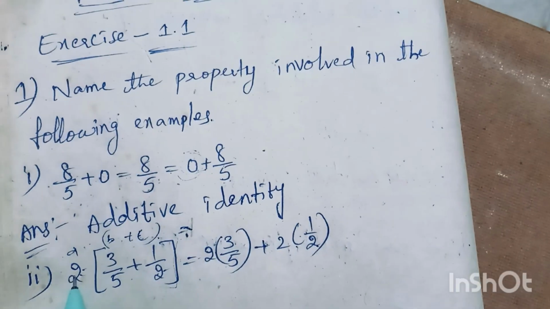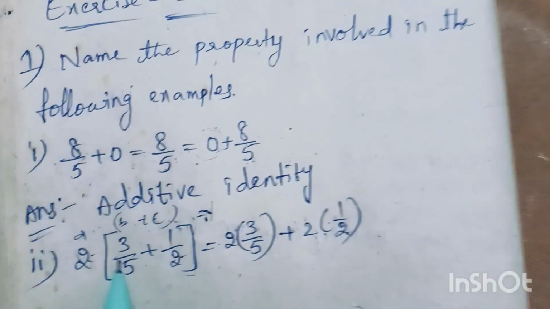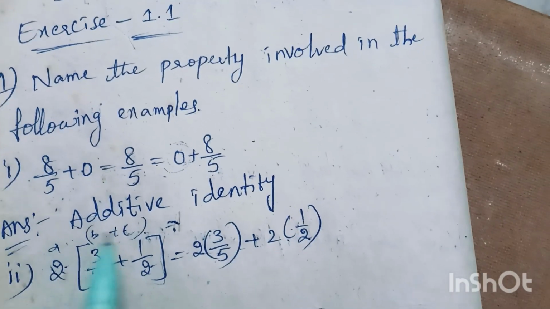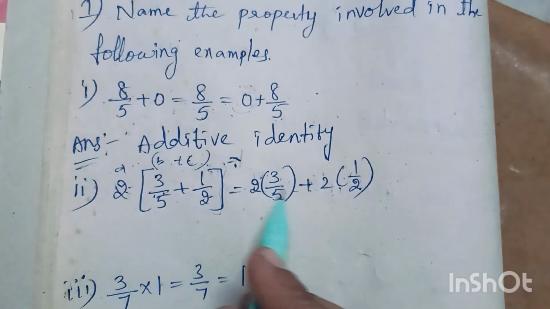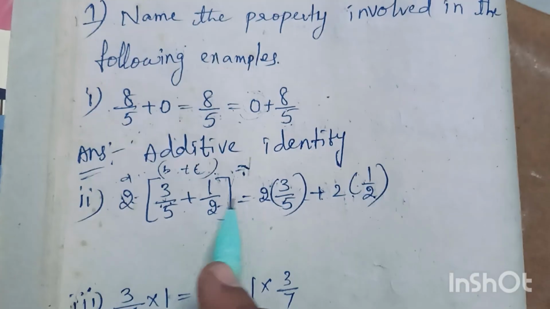Now this 2 is distributing, meaning 2 is multiplied with 3 by 5 and plus 2 is also multiplied with 1 by 2. So that's why this is the distribution. We are distributing this 2 to the remaining fractions.